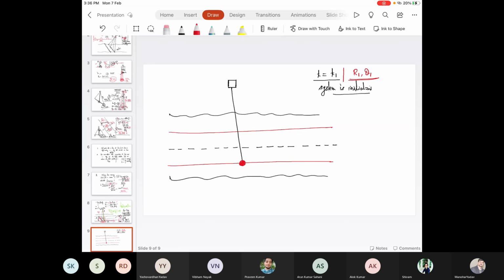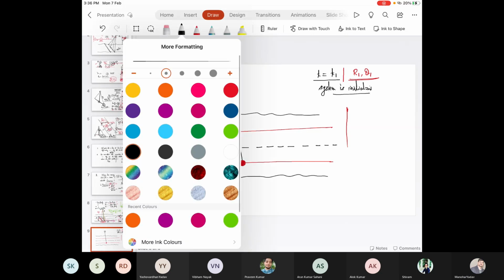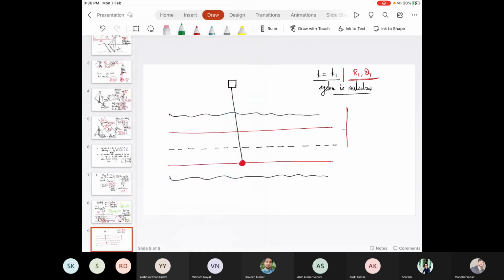Now the second laser beam, if I plot this point, I am marking as T1. The second laser beam is fired after a time period, that is capital T. This is time T2.